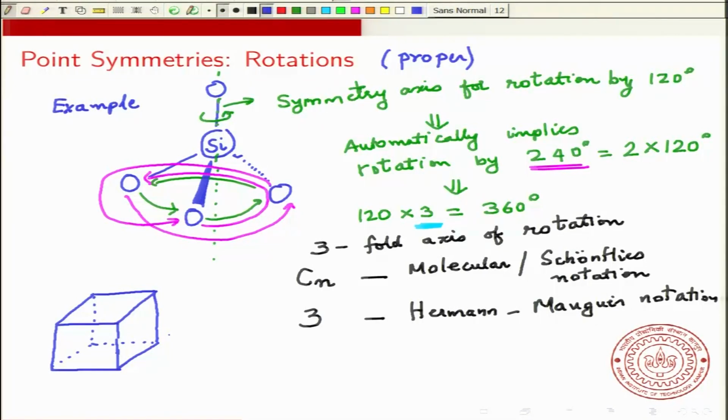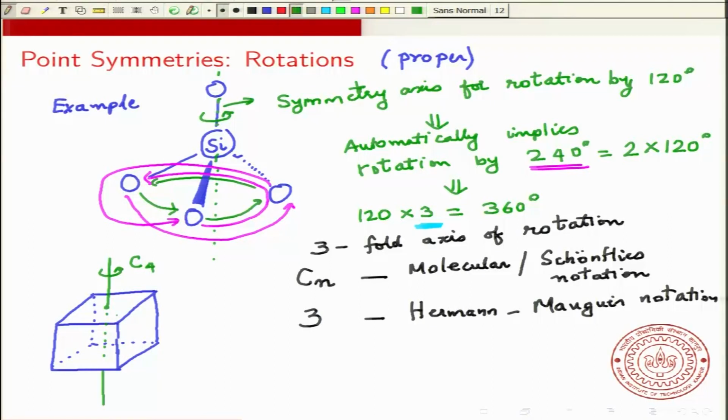I'll draw a few. If you take an axis that goes this way, goes through the crystal, comes out from the other side, so it goes through the center of this crystal, you can see immediately that for a perfect cube this is a C4 axis.